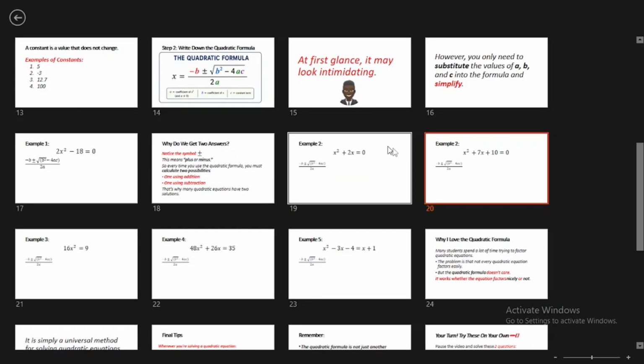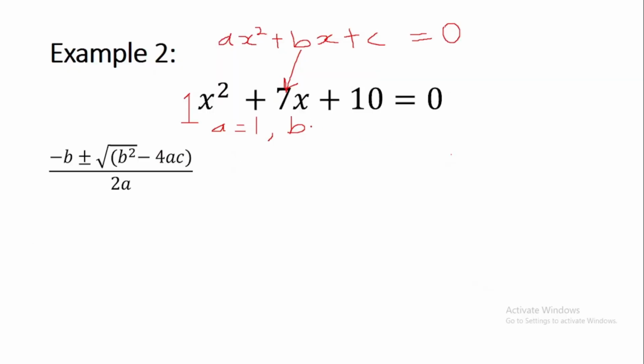So b is going to be equal to 7. So a is 1, b is 7, and c is a constant, and the only constant right there is 10. c is a constant because that is just a regular 10. It's not going to change. So 10 is only 10.